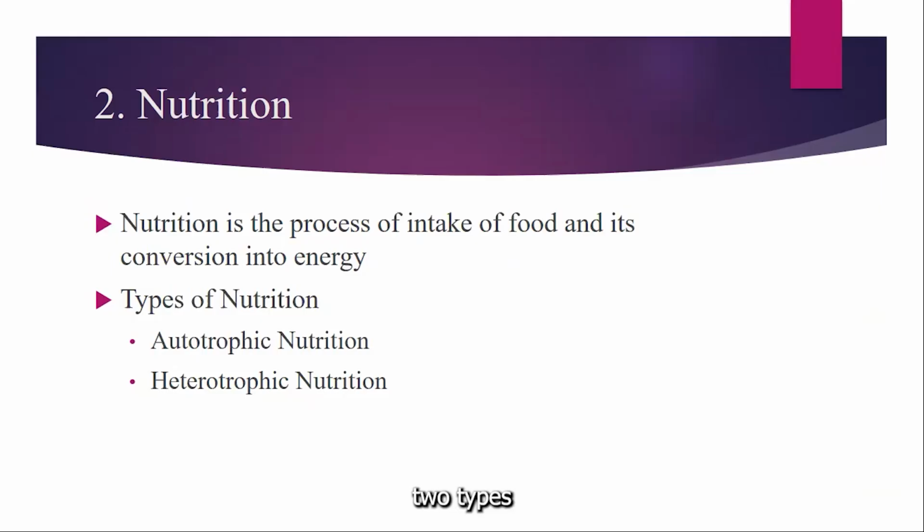So we have two types of nutrition, which are autotrophic nutrition and heterotrophic nutrition. So what are autotrophs? What are heterotrophs? We'll discuss now. Some organisms use simple food materials obtained from inorganic sources in the form of carbon dioxide and water. So these organisms are called autotrophs.